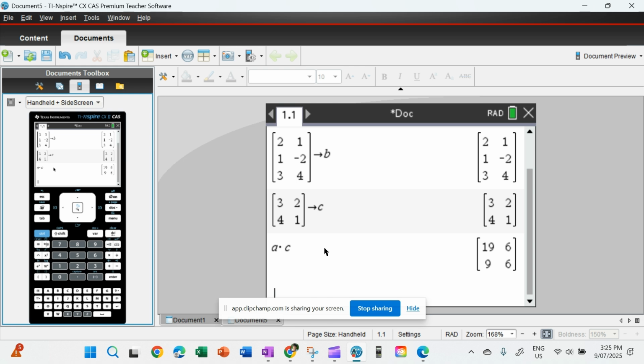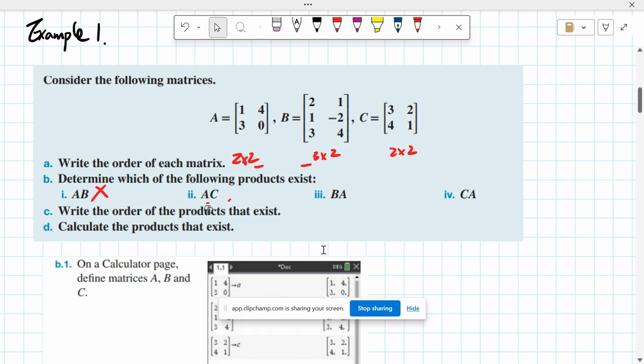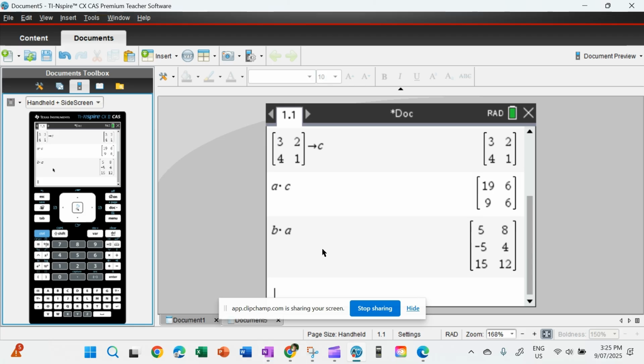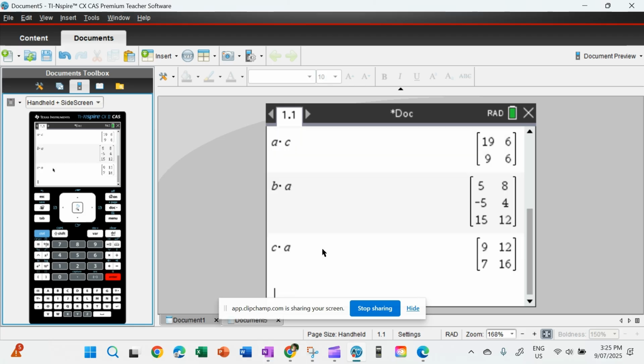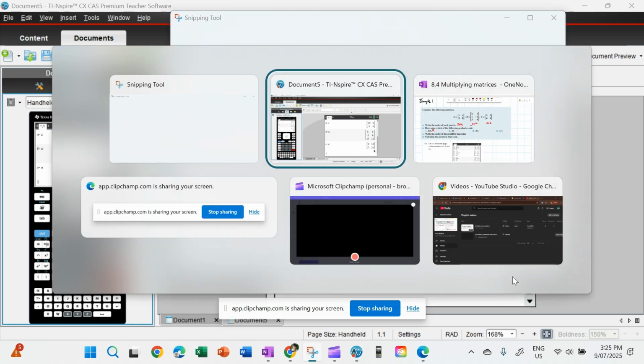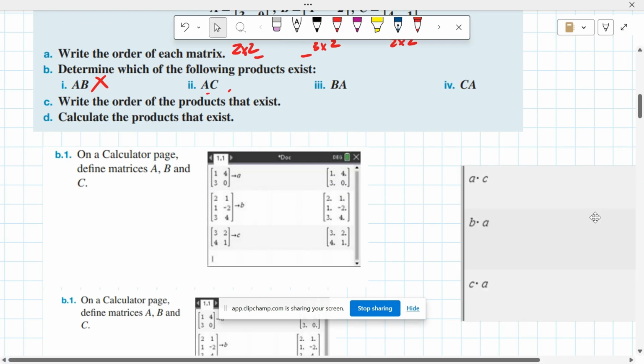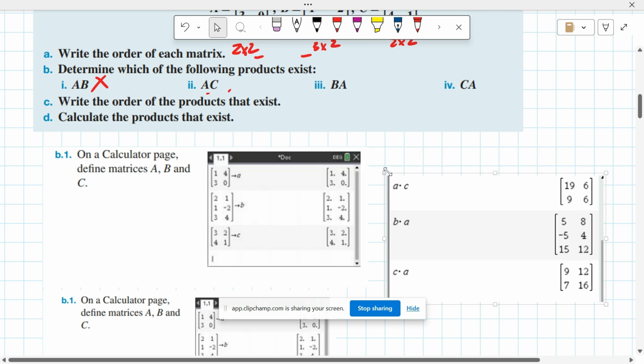B times A is 3 by 2 times 2 by 2, so B times A will happen as well. And C times A will also happen. So this is a quick calculator run-through. Hopefully that makes sense.